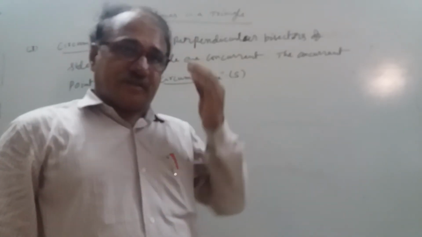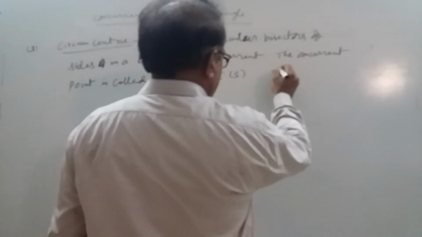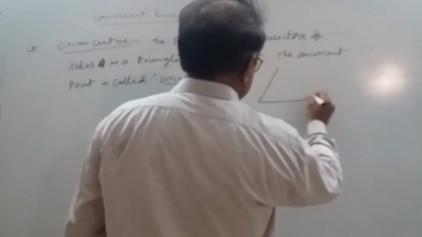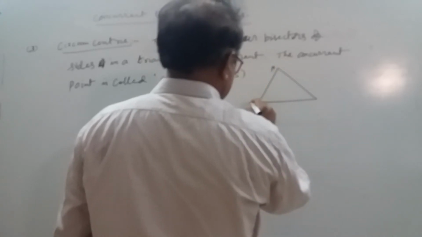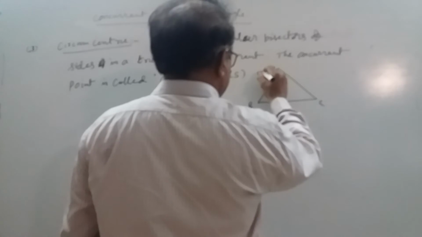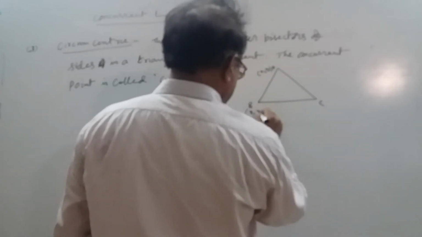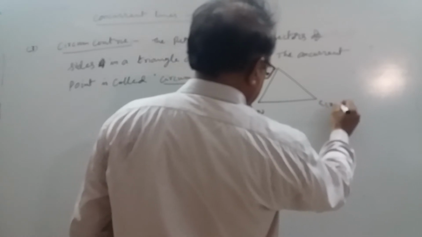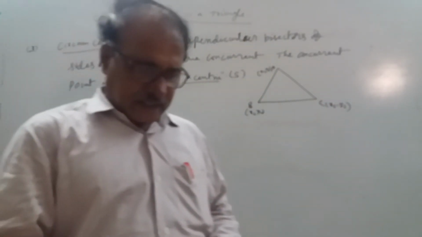If we discuss the diagram, it is easy to understand. Let A(x1, y1), B(x2, y2), C(x3, y3) be a triangle.